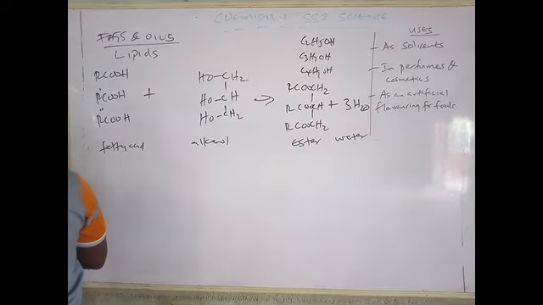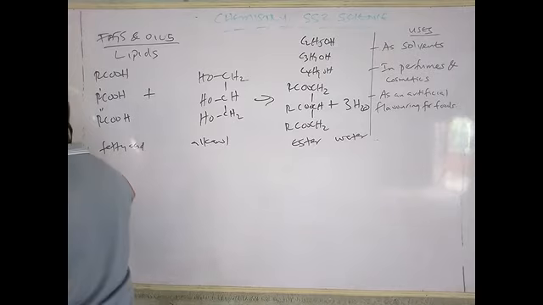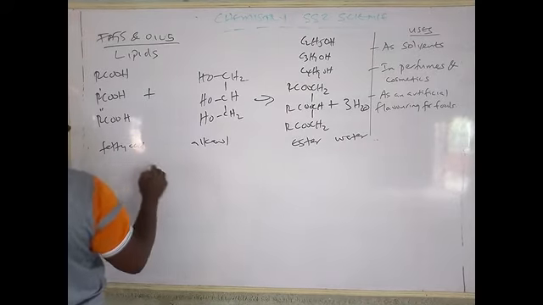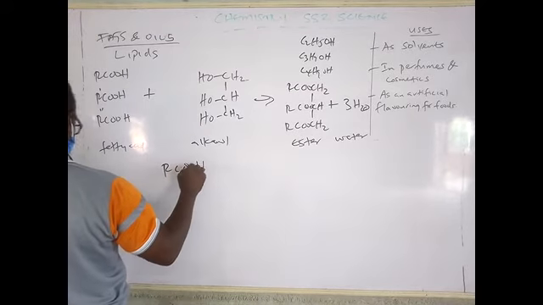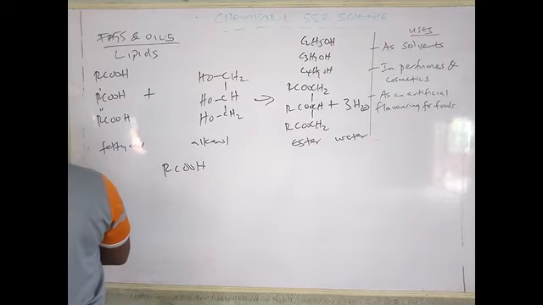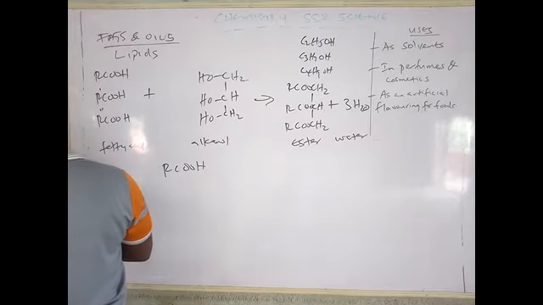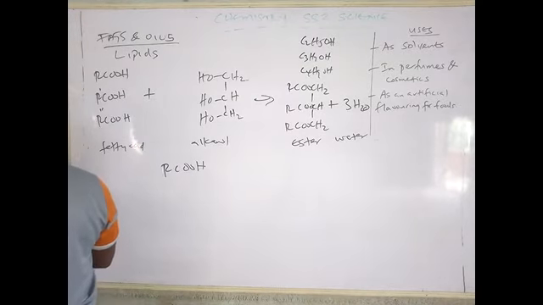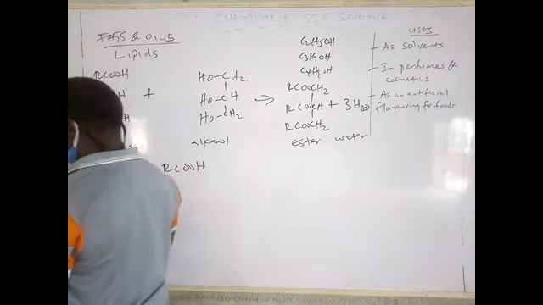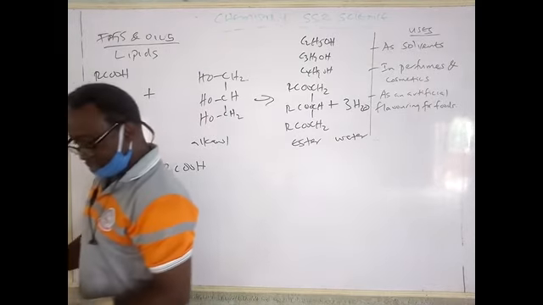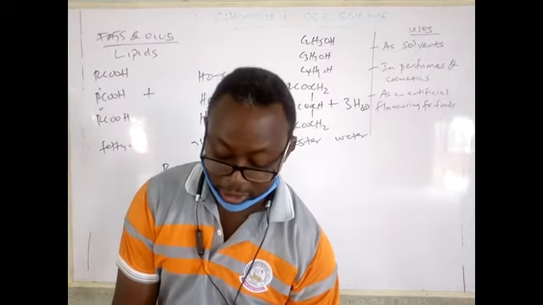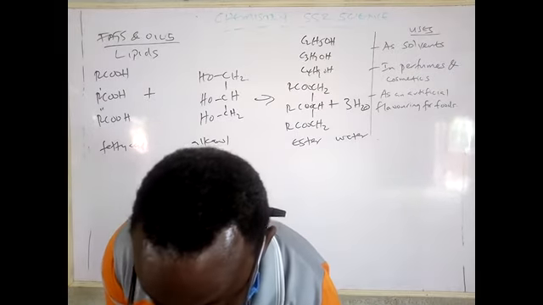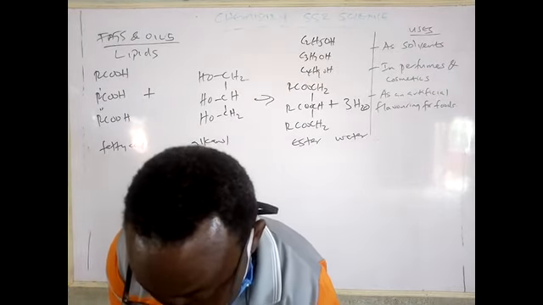Fatty acids commonly found in lipids are long chain alkanoic acids, and they have the general formula RCOOH. I'd like you to know that we have 2 types of fatty acids: saturated fatty acids and unsaturated fatty acids.